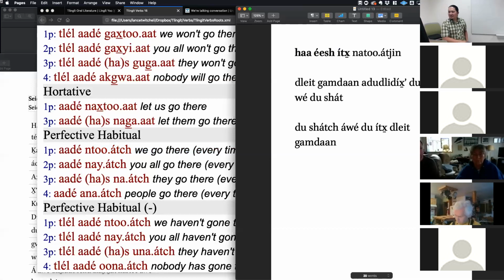And so we have this adutlidik, which is to go on a horse, which is really interesting because I don't know enough about it, I don't know if you can really move that around. Like I think you probably could, but one thing that I would suspect is it has an embedded noun as a verb root. And so sometimes like dich, so that can't go to dir. I don't think it could.